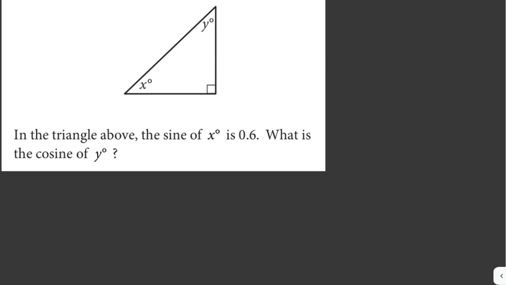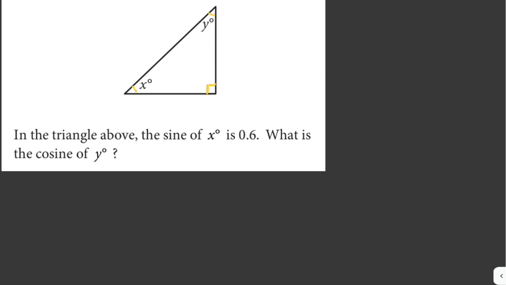One is by using the complementary angle relationship between sine and cosine. The angles x and y here are acute angles in a right triangle, because we're given here a right triangle, so this is 90 degrees.